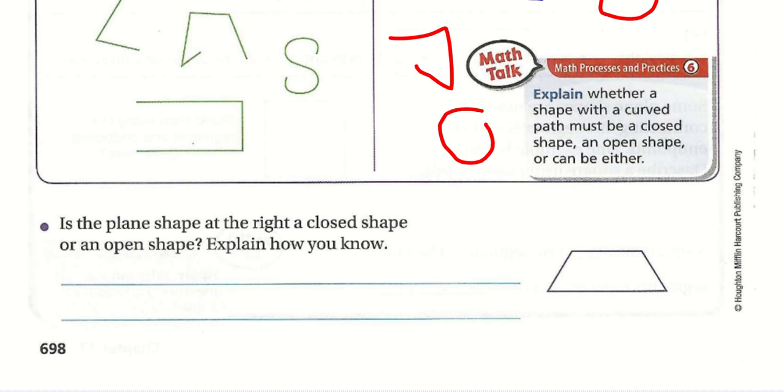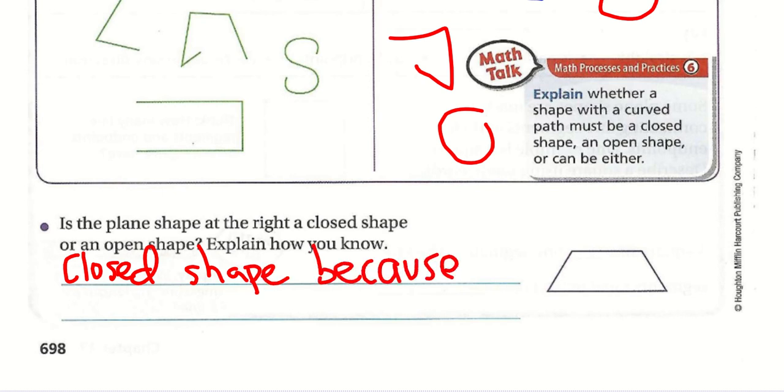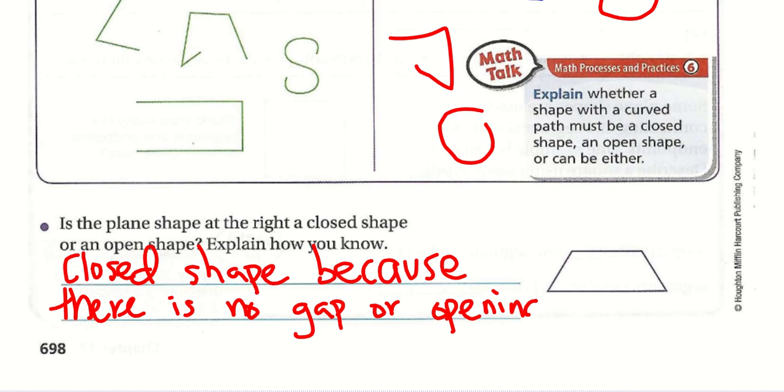So we would say closed shape because there is no gap or opening. Make sure you have that written down. It is a closed shape because there is no gap or opening to get into the middle of it.